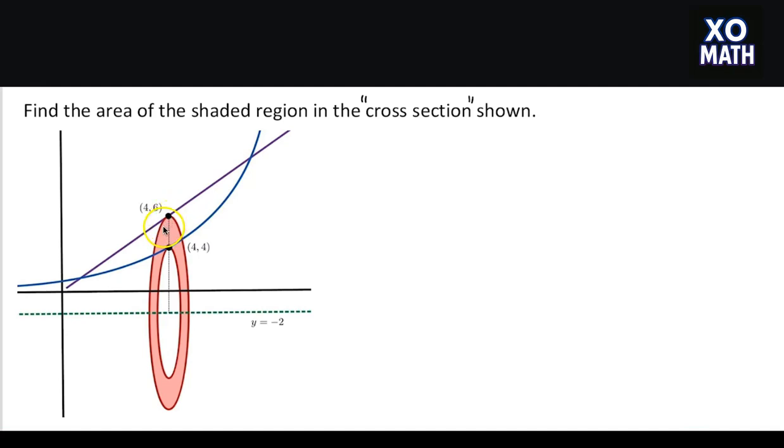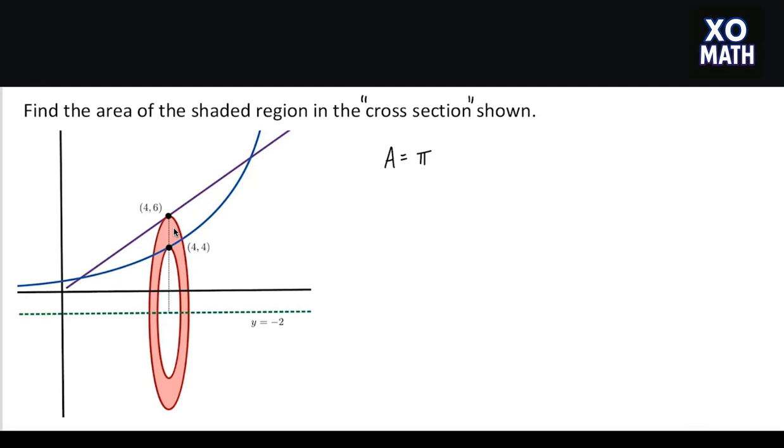This is like three-dimensional here. What we have is this bigger circle here, and then we carve out this inner circle here. So I want to find the area of this red shaded part. The area of a circle is pi r squared, but there are 2 circles going on here.